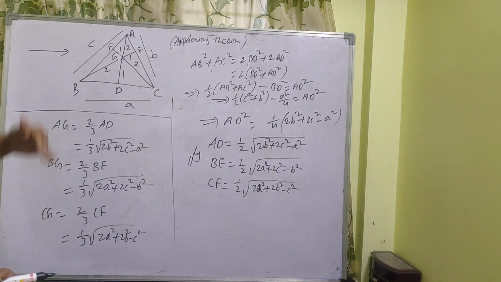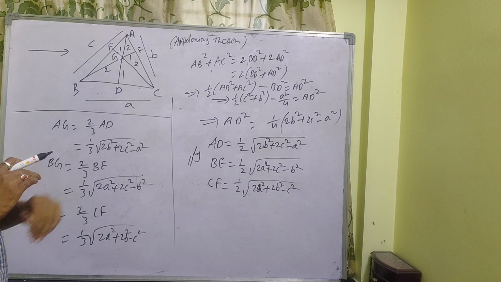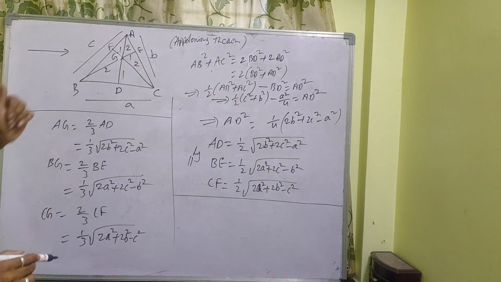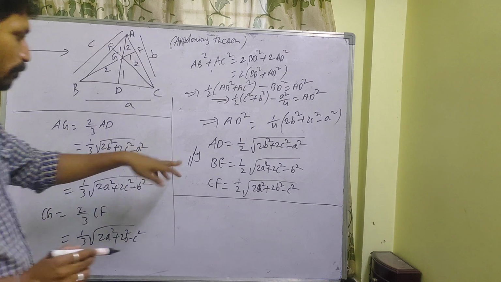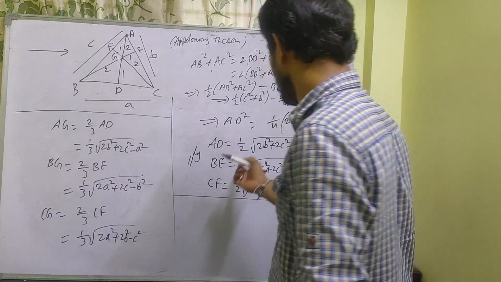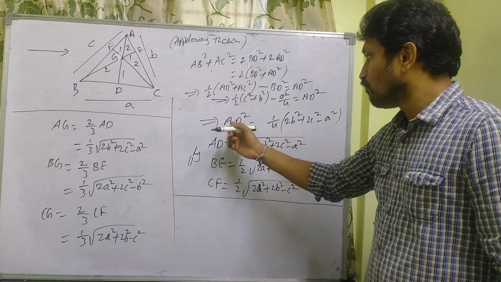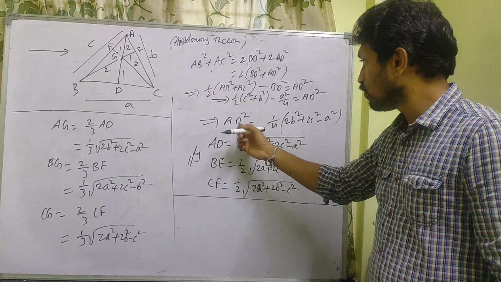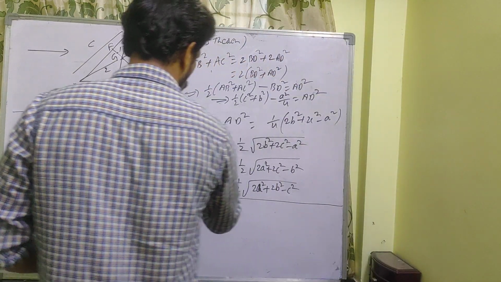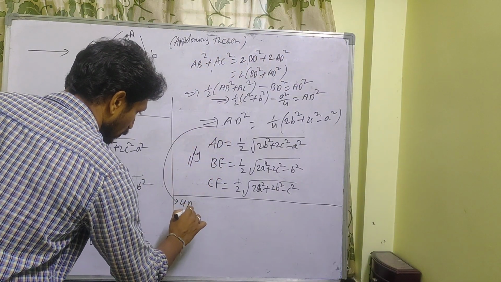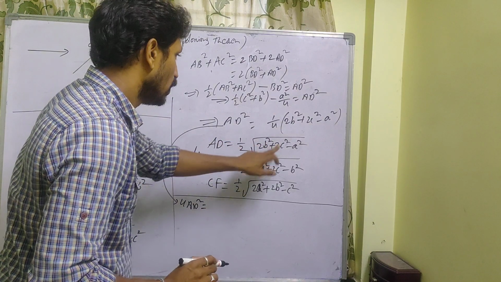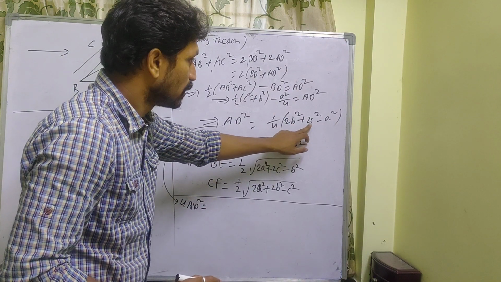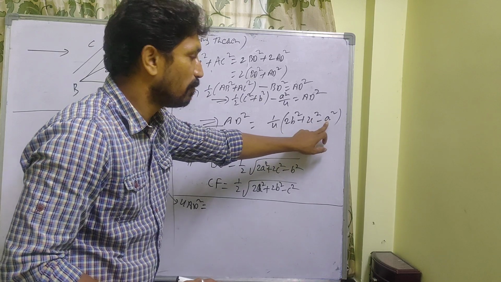Next one, the relation between sides and medians. Come to here. The relation between sides and medians is nothing but, very clearly, if you take this one, this is one of the medians, 4 times AD square is equal to, from this one what can you conclude? 4 times AD square is equal to 2b square, where B means AC, C means AB, A means BC.